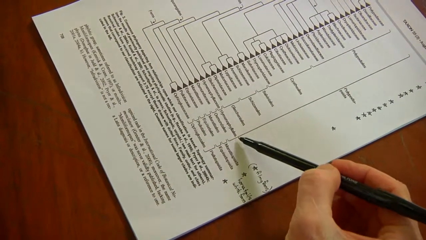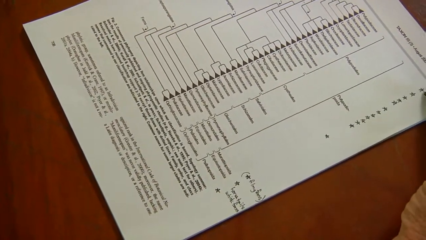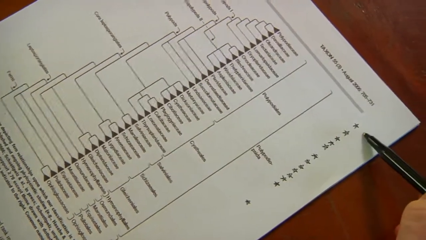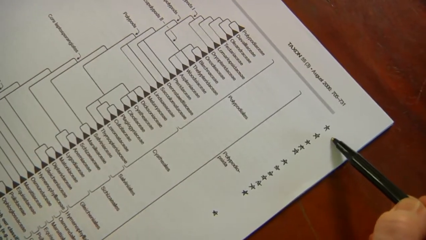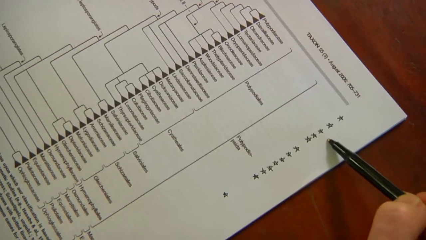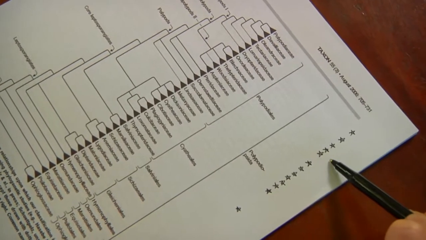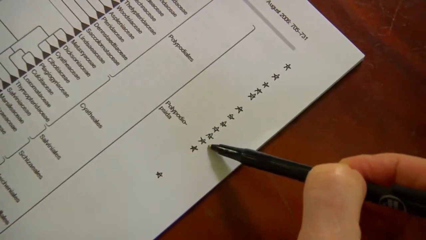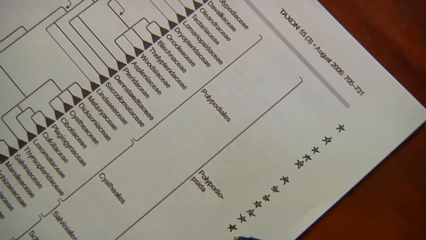Then most of the higher ferns are in these families here, and I've starred the ones that I have represented in my collection, and this includes the Polypodiaceae, the Oleandraceae, Tectariaceae, Lomariopsidaceae, and quite a few different ferns that will be familiar to people in general.